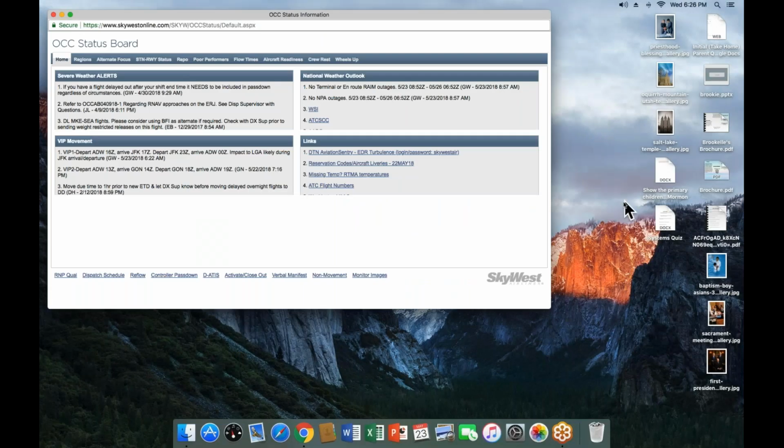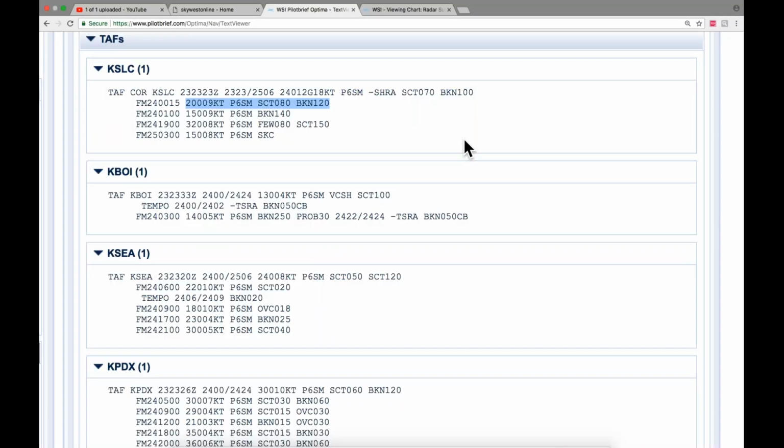This TAF line right here is good from this 2300 Zulu here until this time right here. Okay, actually the minute before.